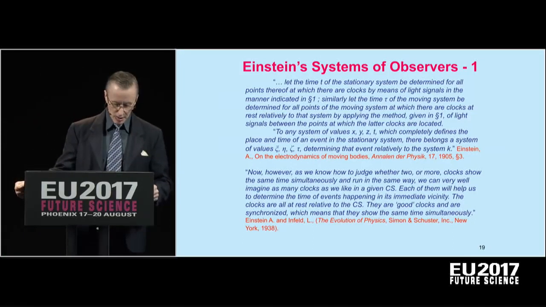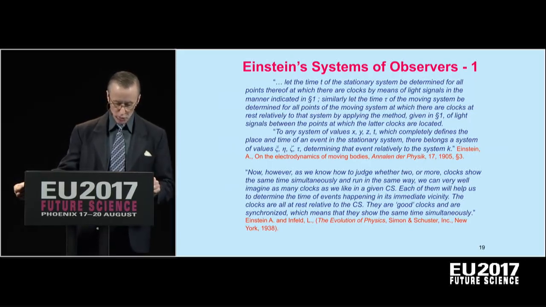So he says here, where are we, I've lost my place. I'll go back and read anyway. Similarly, let the time tau of the moving system be determined for all points of the moving system at which there are clocks at rest relatively to that system, by adopting the method given in section 1 of light signals between the points at which the latter clocks are located.